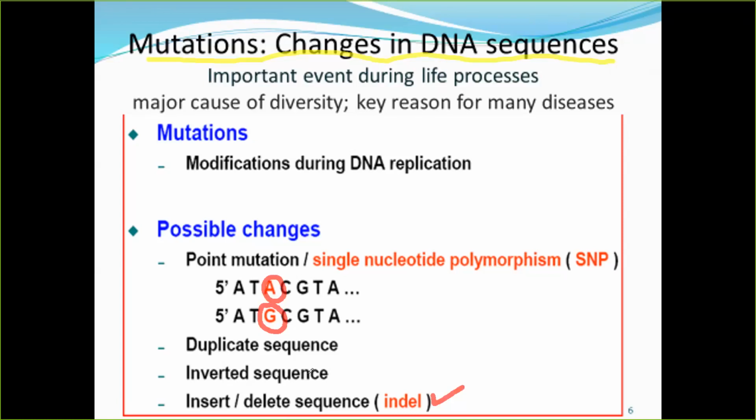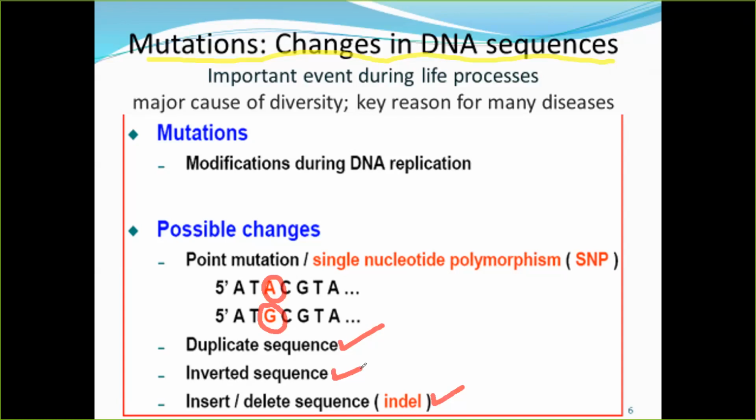This is called duplicate sequences. And inverted region भी हो सकते हैं, in which the sequence of the DNA is inverted, उलट जाता है, जैसा होना चाहिए था, उससे वो inverted sequence में हो जाता है.